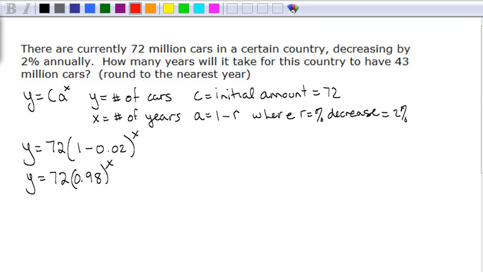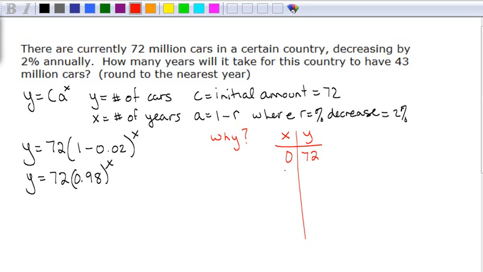Okay, let's look at where this formula comes from. I'm going to stop there for a moment and make a chart and think about this logically, X and Y. So at year 0, when we're first starting out, we have 72 cars. Now, it's decreasing by 2% annually.